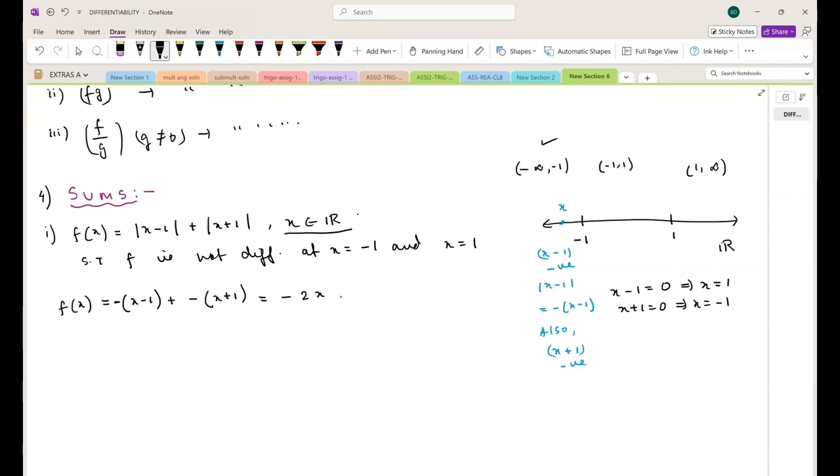So this is when x is less than −1, that is this interval.